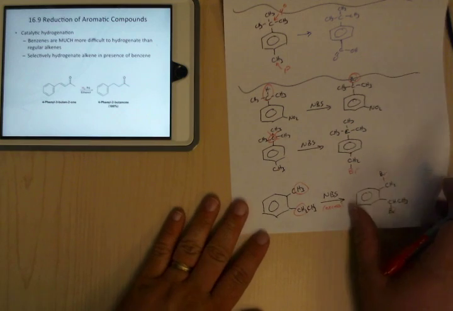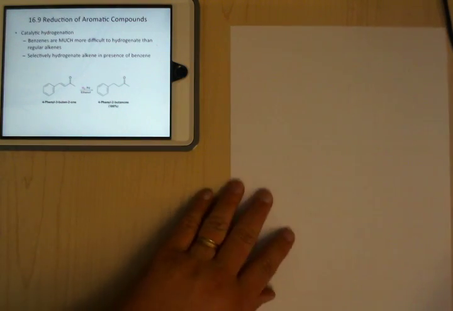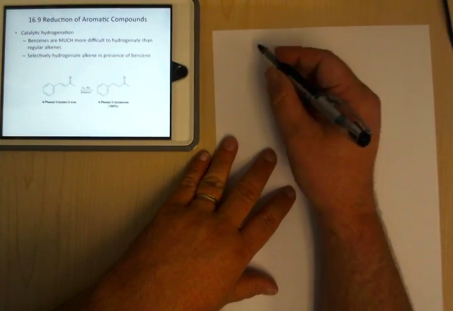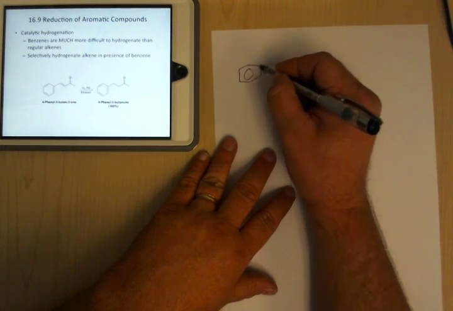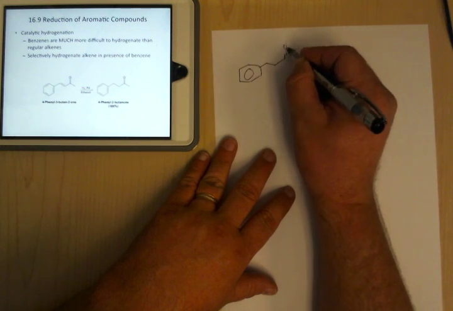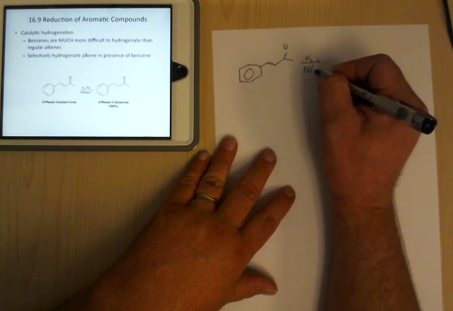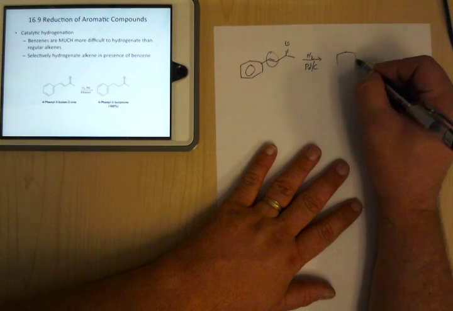Now, the nice thing is, remember we talked about this, these guys are going to be resistant to it. Just under regular hydrogenation conditions, palladium and carbon, or however you want to do it, this one's the only one that's going to get reduced.